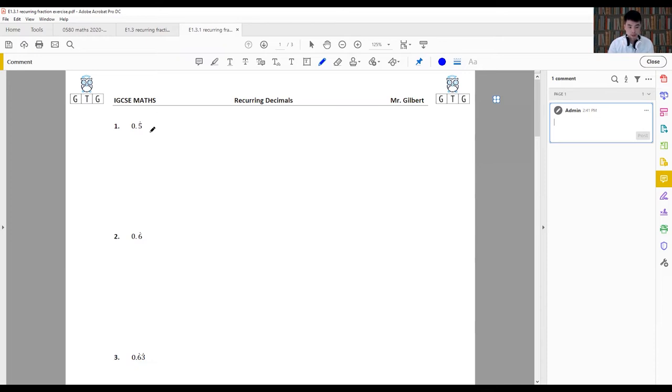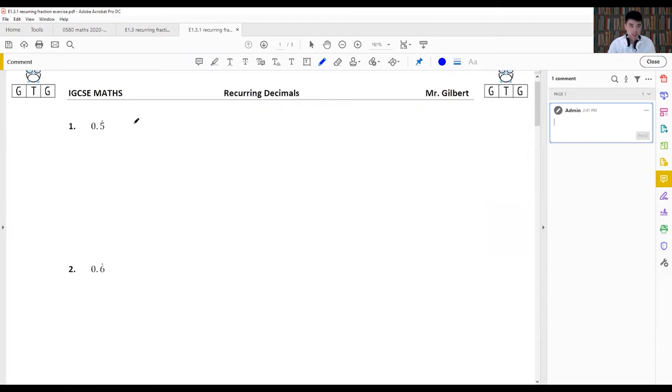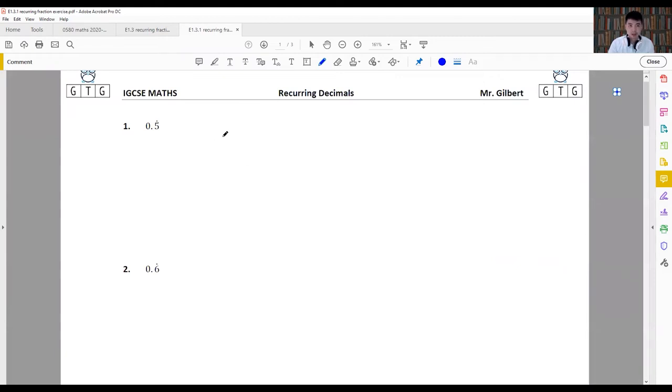Now, what are recurring decimals? If you look at the first example, recurring decimals are basically numbers that repeat themselves over and over again. For example, we have 0.5 with a little dot on top here. This actually means 0.5555, so on and so forth.